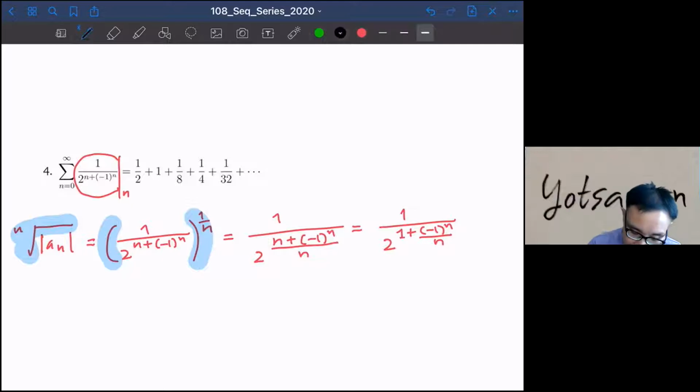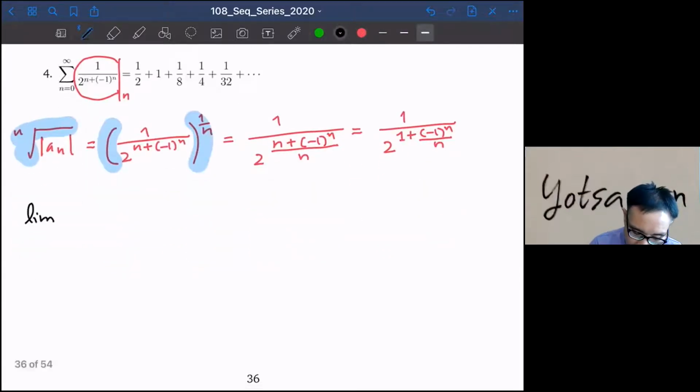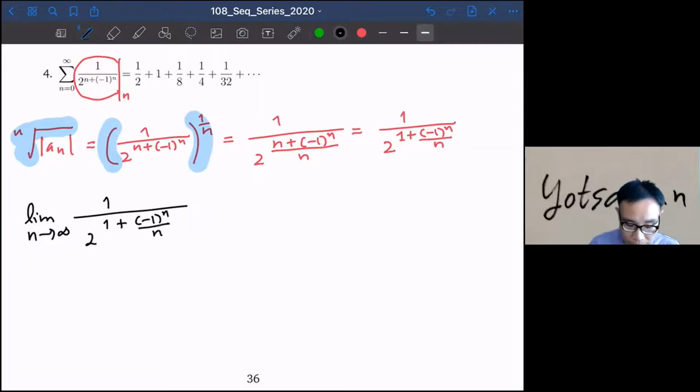And if you compute the limit as n goes to infinity of this term, 1 over 2 to the 1 plus negative 1 to the n over n, this one is going to go to 0 as n goes to infinity, right?